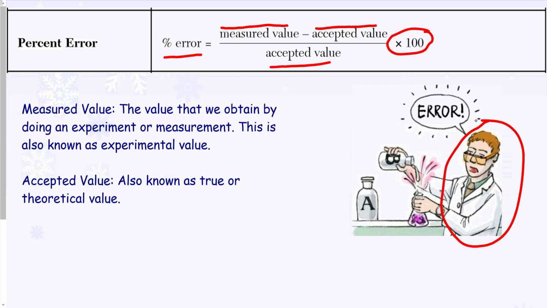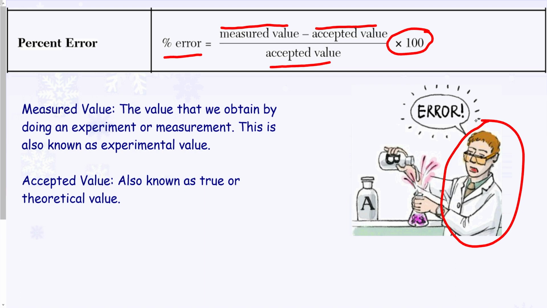Accepted value, also known as true or theoretical value. Suppose I precisely and accurately calculated the mass of an object to be 5.005 grams. And colleagues of mine, other teachers, or let's just say other scientists, measured the same exact object and they also got the same exact number.